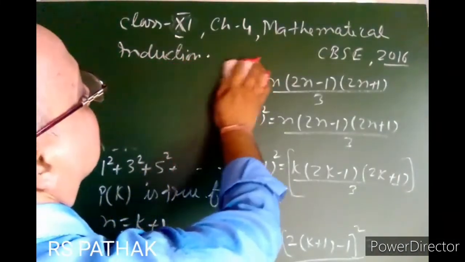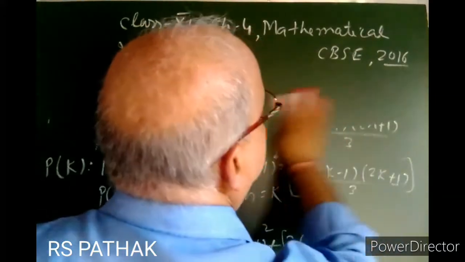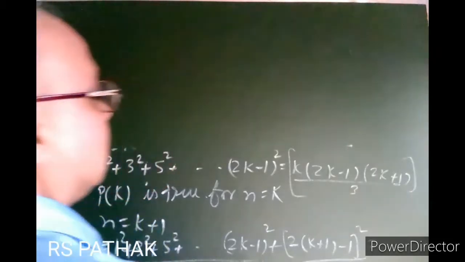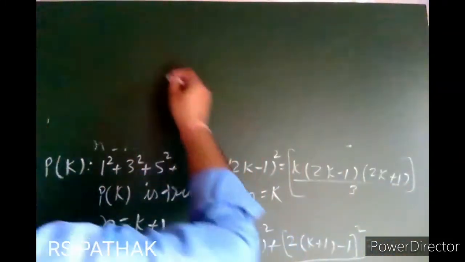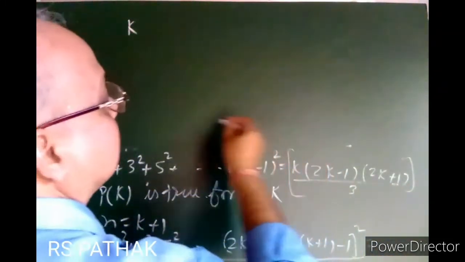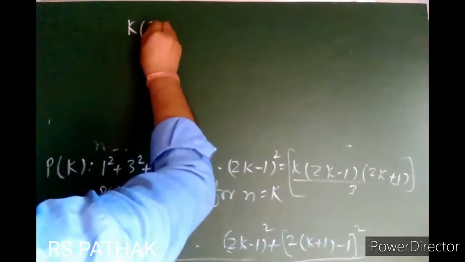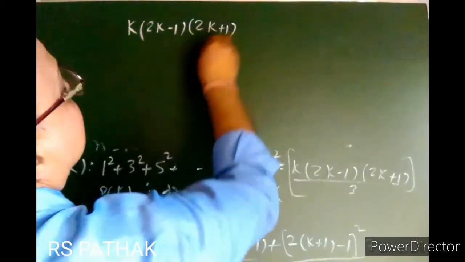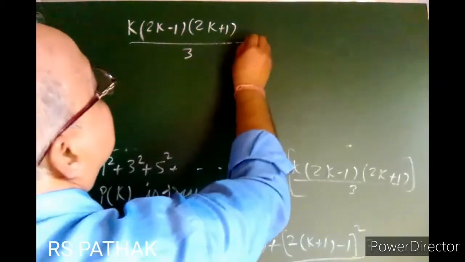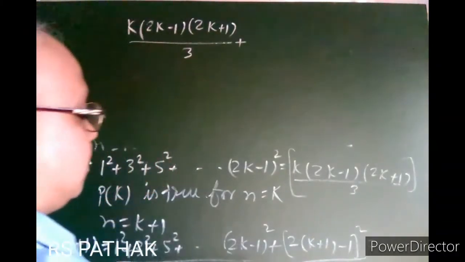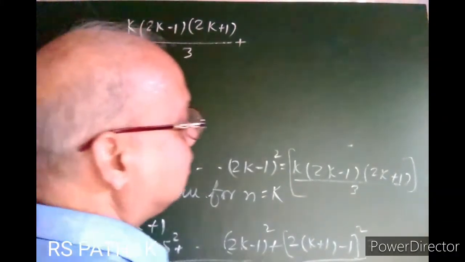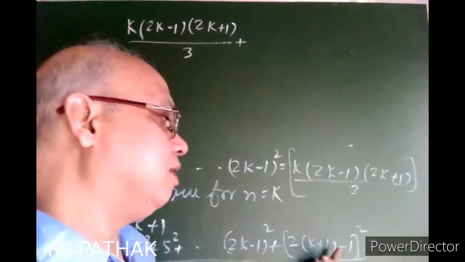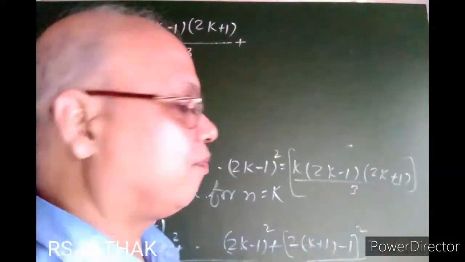This is the sum of the kth term, k(2k minus 1)(2k plus 1) upon 3, plus the extra term. If it is added in the left hand side, then it will be added in the right hand side also.